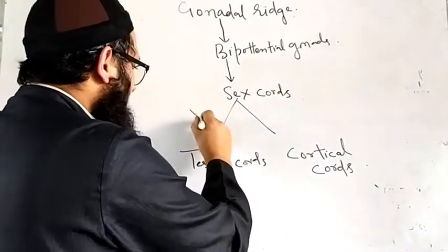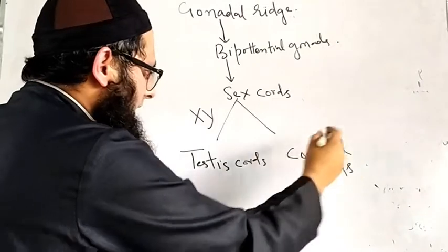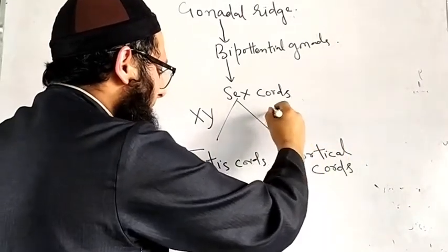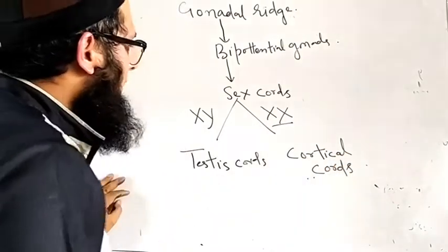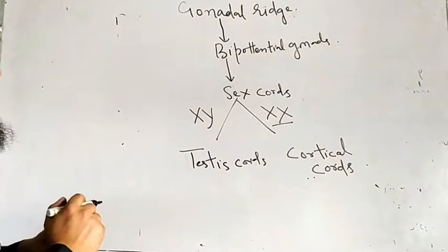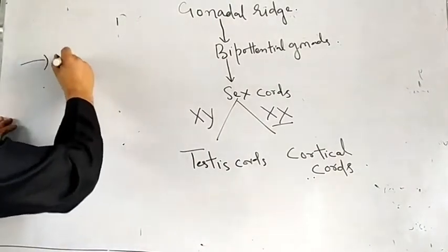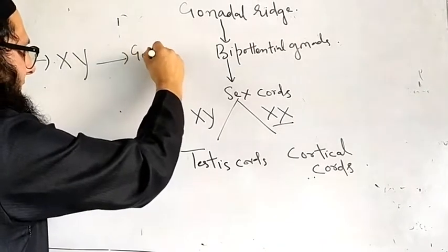If XY germ cells are there, it will form the testes cords. If we have XX germ cells, we get cortical cords. So what actually happens? For example, let's see XY germ cells, they will invade this gonadal ridge.